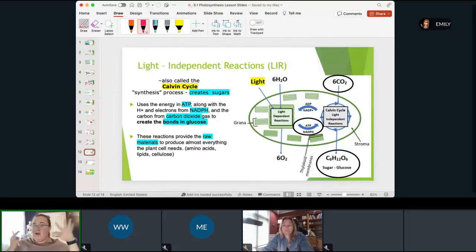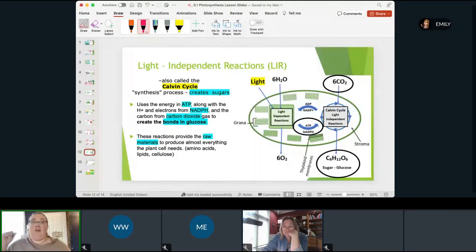Now we're taking all of these parts and we're going through a semi-complicated Calvin cycle to bind glucose together and send it on to be used somewhere else in the cell.